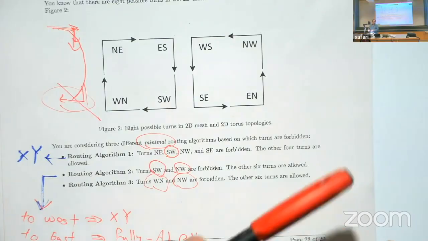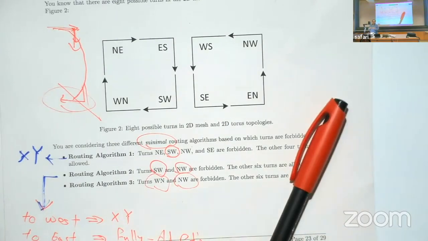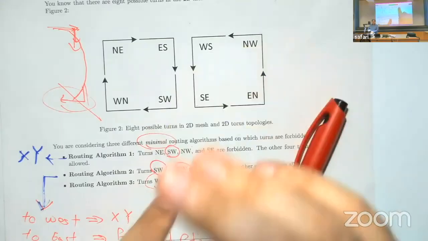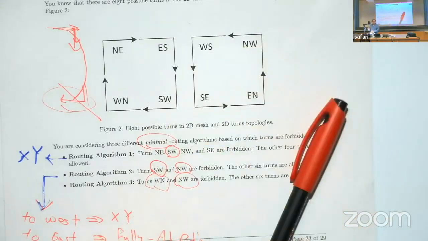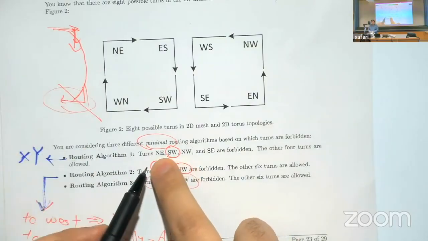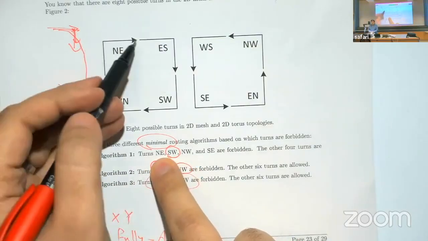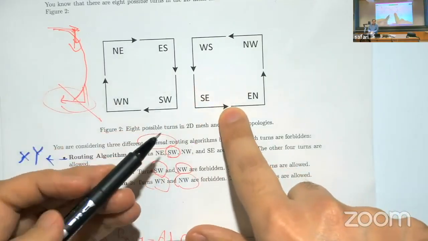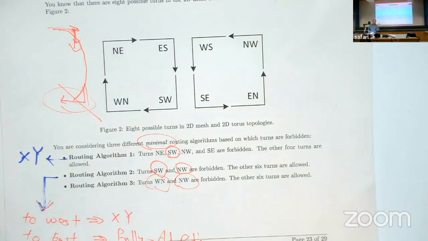I'm saying that if we have a circle, that's the hint, right? From the turns that are forbidden. So since here, southwest and northwest are forbidden, I can see that they are in the rightmost part. But for example, for XY, because northeast and southeast are also forbidden, you can prove it with the leftmost edge.